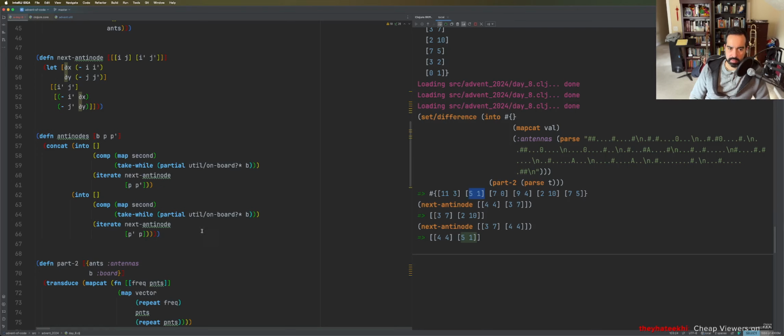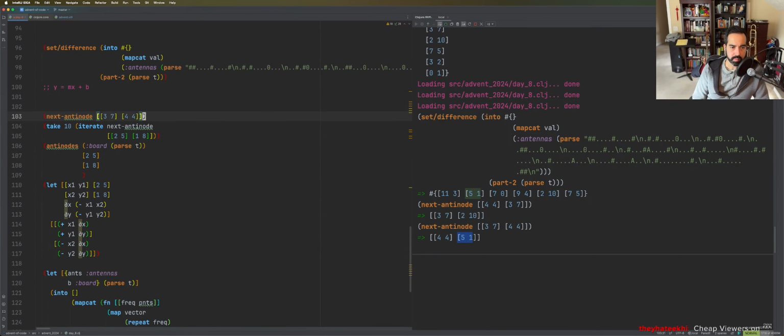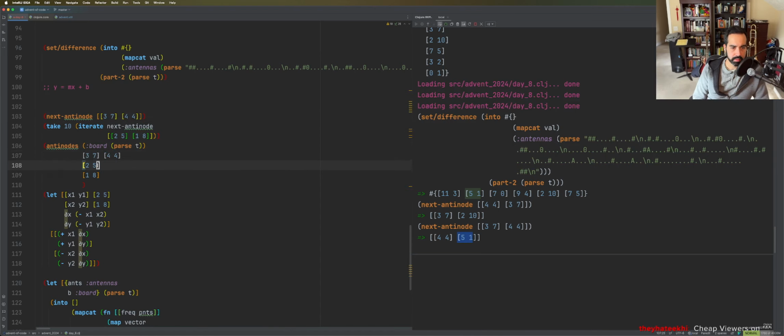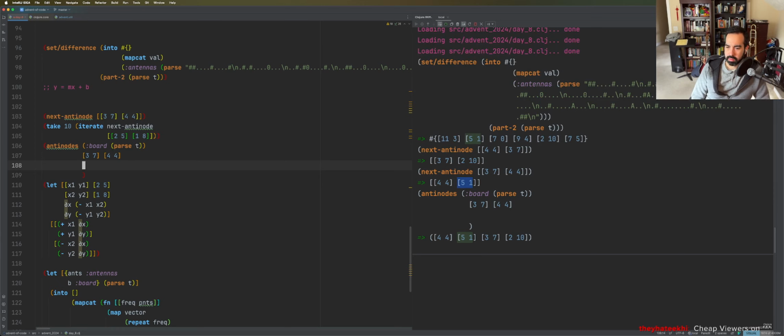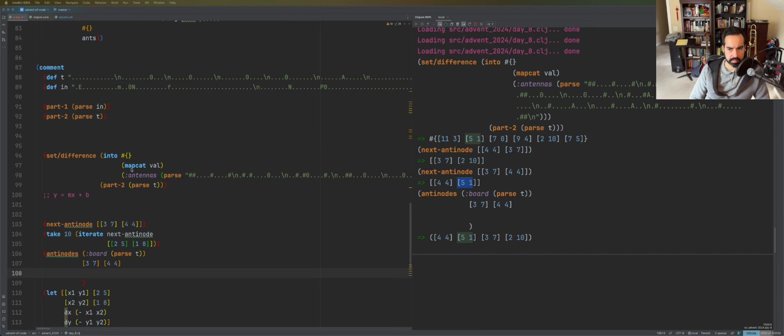All right, back to what I was doing. This does return 5-1 though, right there, right? So if I say antinodes for 37 and 44, 5-1 is right there. Why is it not in my set when I run it?